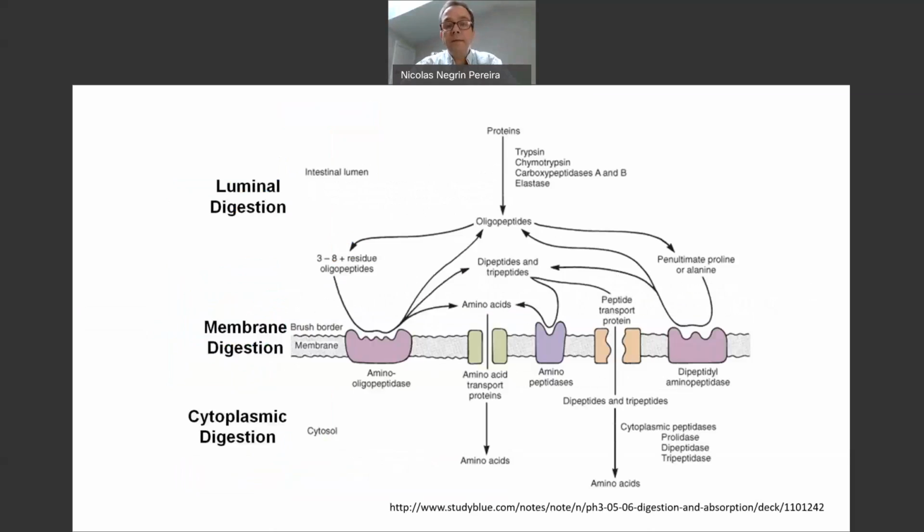And finally, this is a good diagram that shows the internalization of the amino acid by amino acid transport proteins. And sometimes peptides, dipeptides, and tripeptides can also be internalized by other transport proteins, and that activity takes place on the cell membrane of the enterocytes.